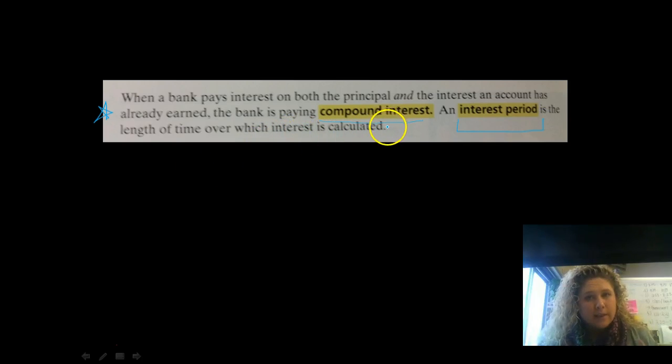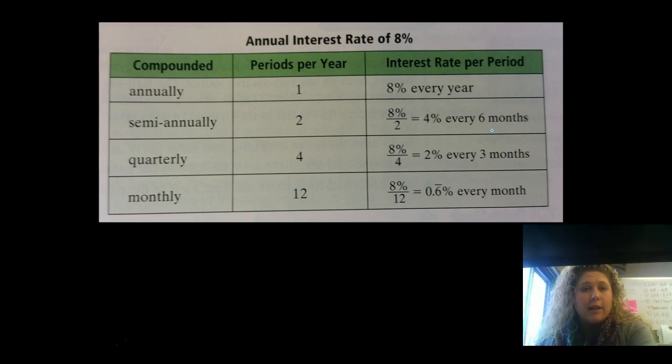So these two definitions are going to be important for these problems. So compound interest is when the bank is paying interest on both the amount that's in the account, the principal, and the interest that is being accumulated over time. Interest period is the length of time for which it's being calculated.